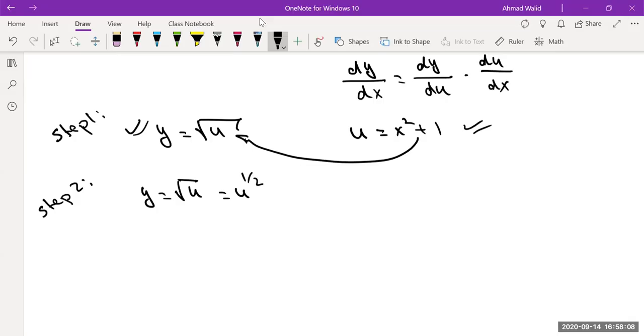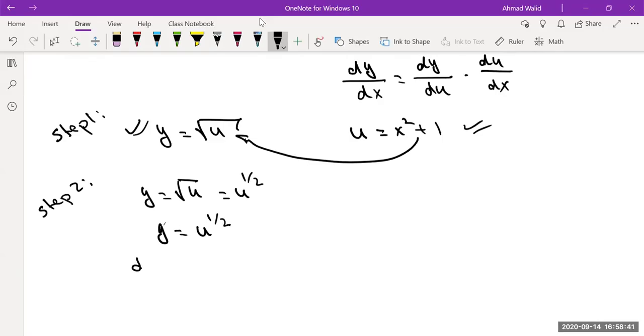Remember, every time in derivatives, when you are dealing with a square root, cube root, fourth root, or in general in radicals, change your radical notation to exponential form, to rational exponent. A square root means power of 1/2. Cube root means power of 1/3. Fourth root means power of 1/4, correct? First, change it to this notation. It means you will end up with y equals u to the power of 1/2.